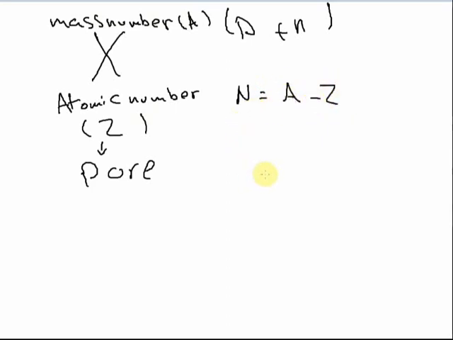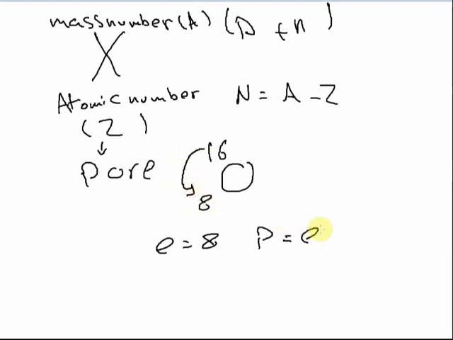If we have an example for O-16 (atomic number 8), here the number of electrons equals 8 and the number of protons equals 8, while the number of neutrons is 16 minus 8, which equals 8.